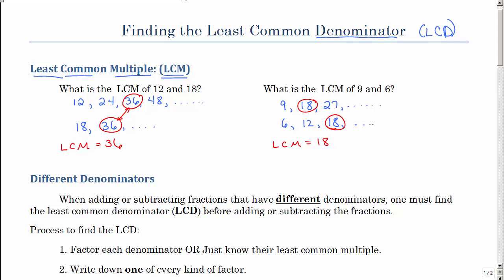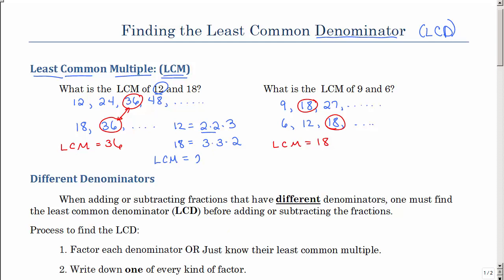Let's just look at the factors of these numbers. Okay, if I factor 12 into its prime factors, 12 is 2 times 2 times 3, right? 4 times 3. 18 is 3 times 3 times 2, 9 times 2. So for their least common multiple, they have to have the common multiples.